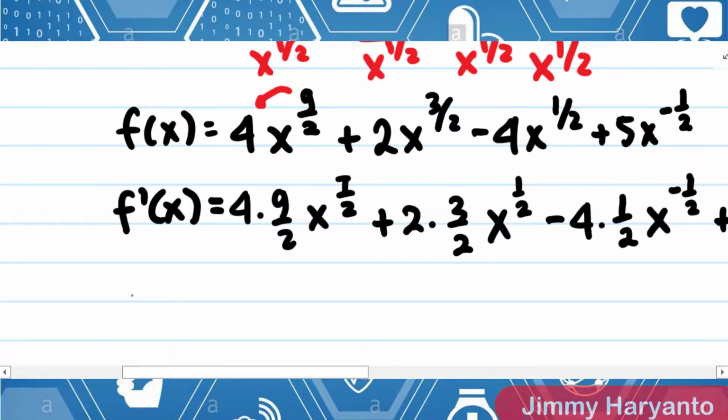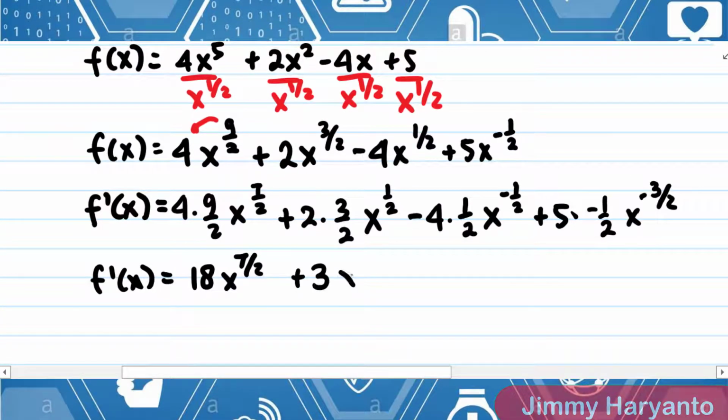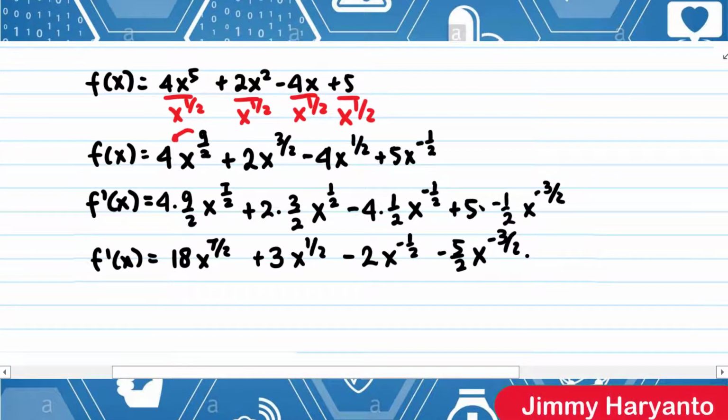There you go. This is the result. The result is 18x to the power of 7 over 2 plus 3x to the power of half minus, sorry, 35 over 2 x to the power of negative half. There you go. This is the f prime of x.